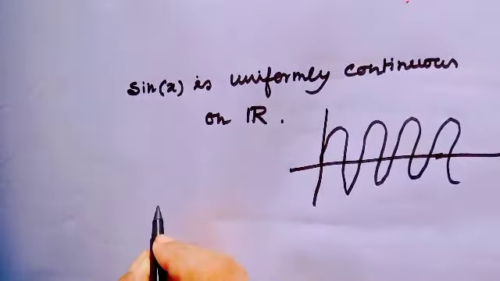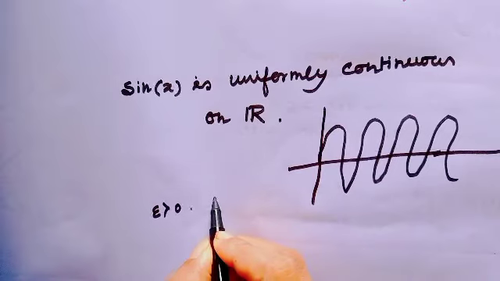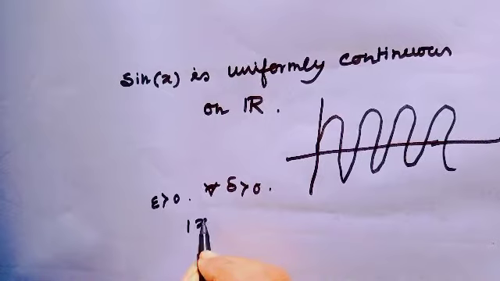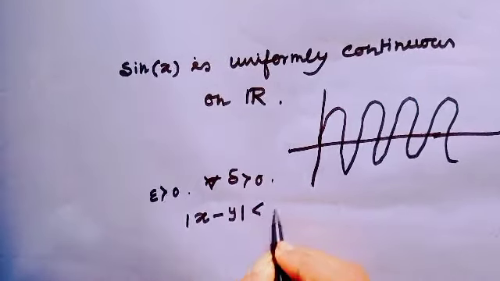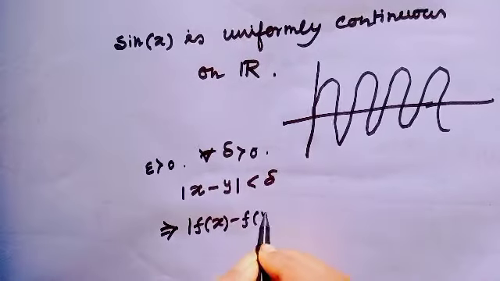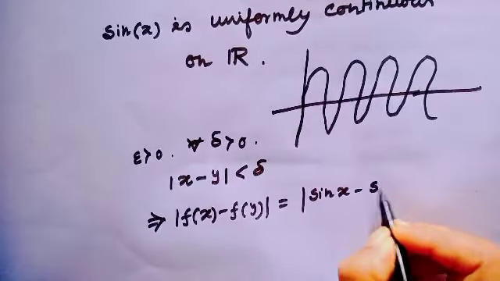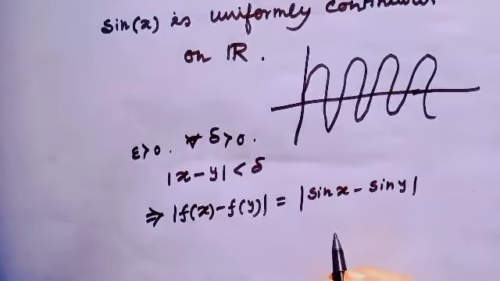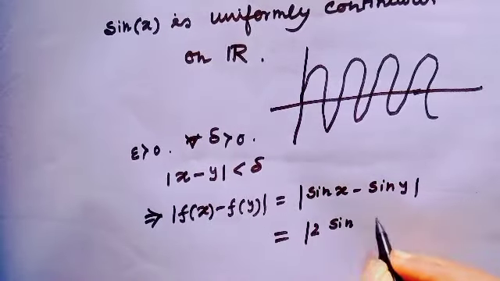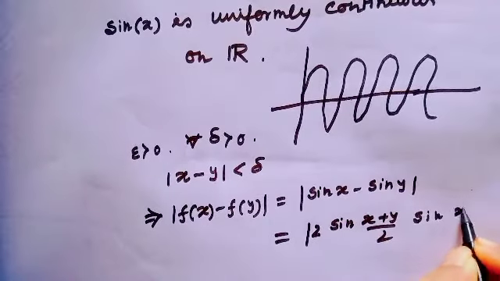Now consider epsilon to be any positive number, and for all delta greater than 0 such that absolute value of x minus y less than delta implies f of x minus f of y equals sin x minus sin y, which is equal to 2 sin of (x plus y) over 2 and sin of (x minus y) over 2.